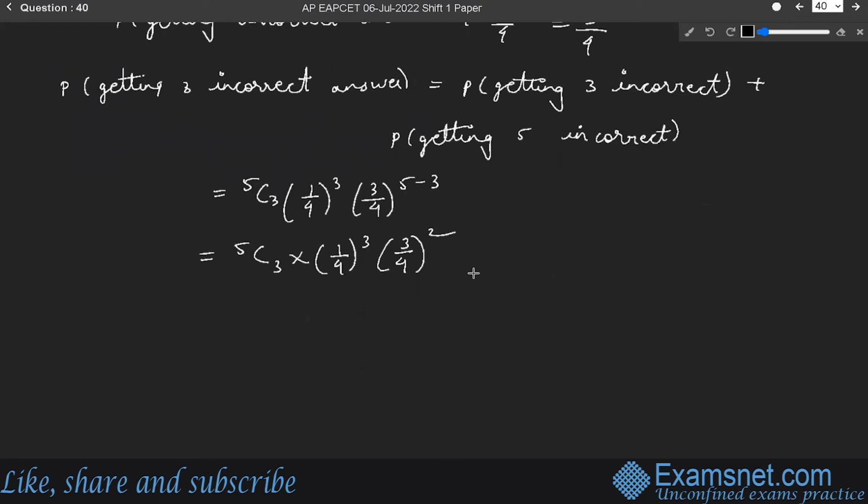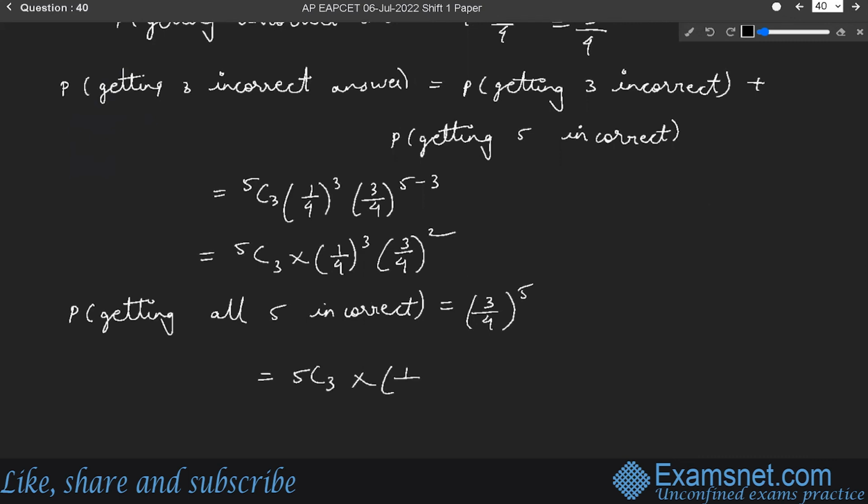This is the value of the probability of getting 3 incorrect. Now, the probability of getting all 5 responses incorrect is (3/4)^5. Adding both these values, it will be 5C3 into (1/4)^3 into (3/4)^2 plus (3/4)^5.